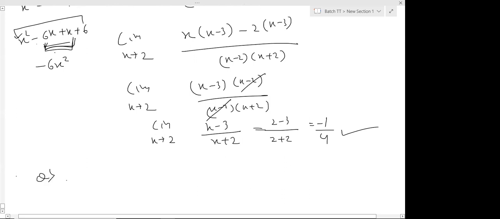Try to solve this question next. Limit x tending to 1, x cube minus 1 upon x minus 1.